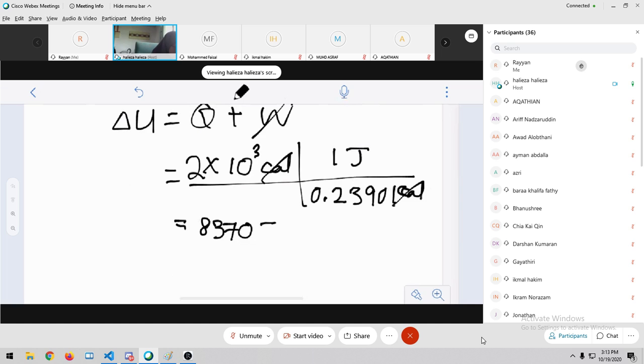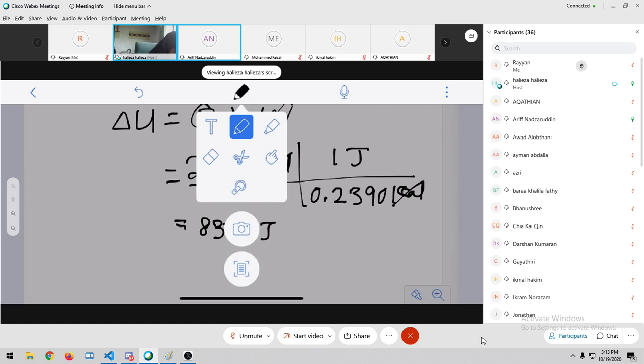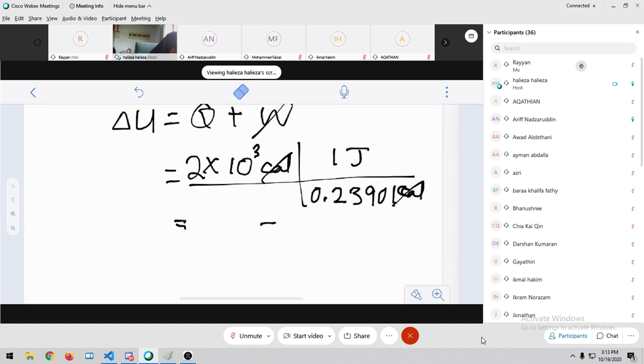What's the value that you managed to get if you do the calculation? 8367.9. Okay, slightly different because of rounding off. 8367.9 joules is the answer if you calculate it. The textbook somehow just rounded it off. So that is your delta U for the first case.